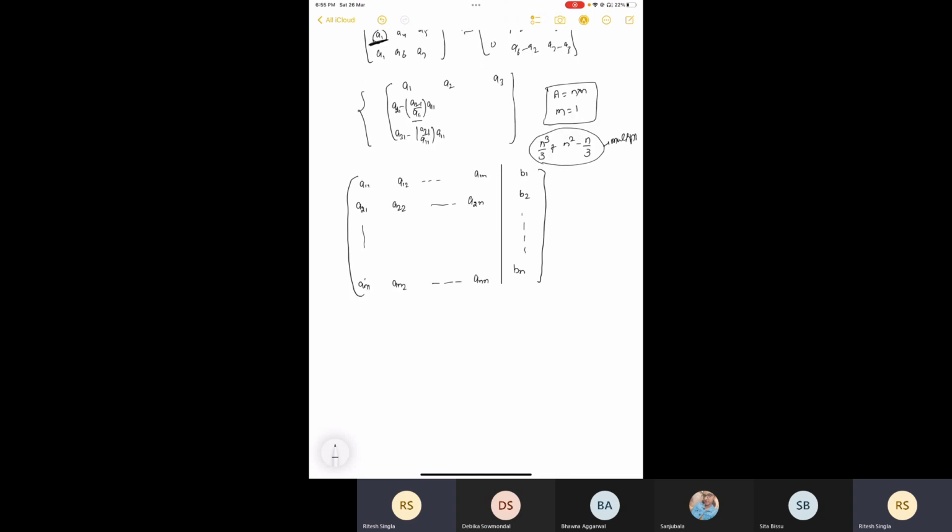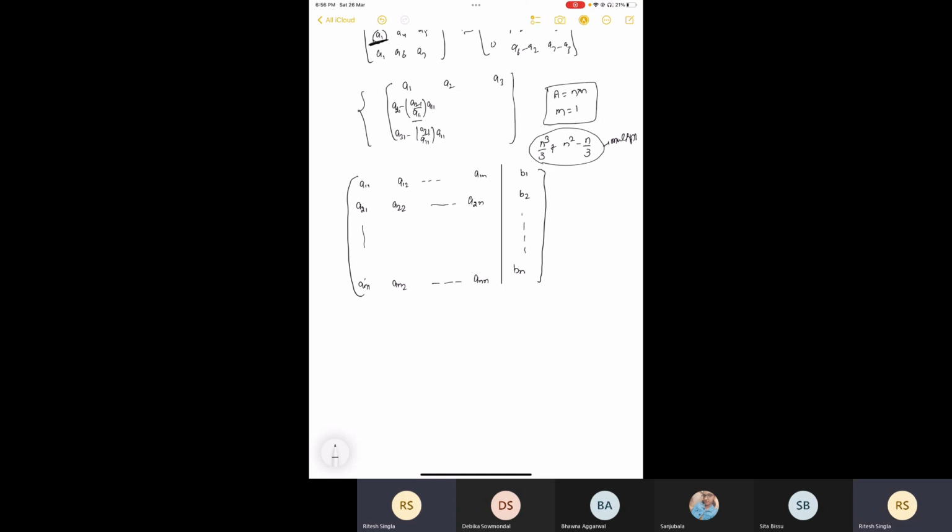What is our first step in the Gauss elimination method? Assume that all these entries are pivots, so we don't need to do any permutation.